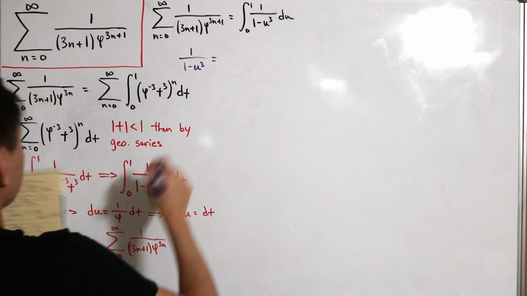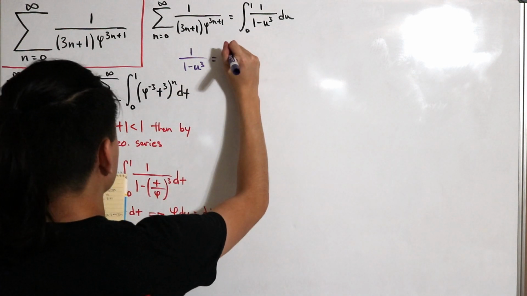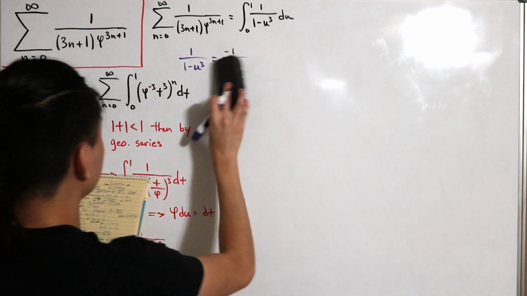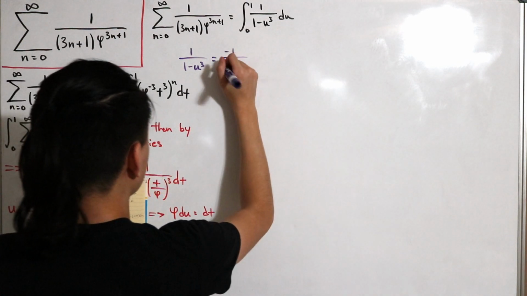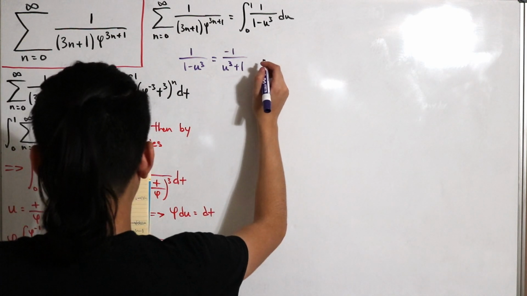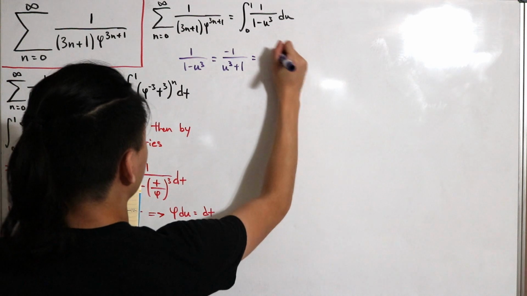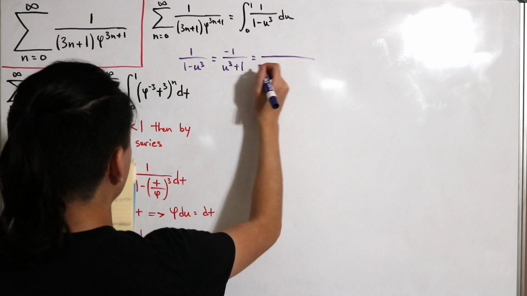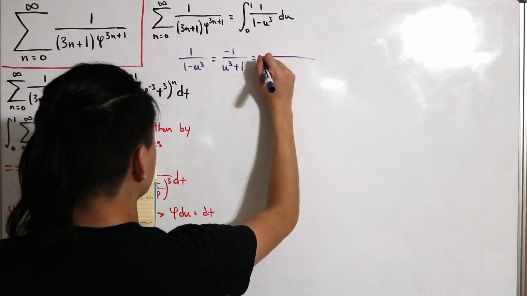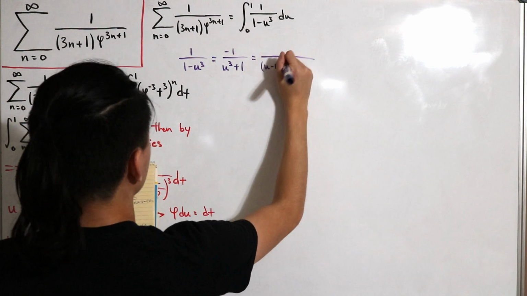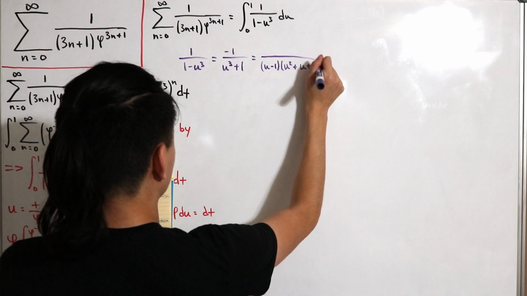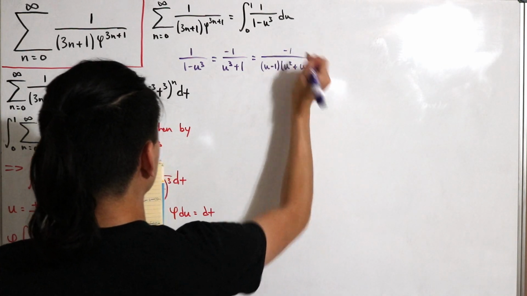What you'll notice is that if I fix this up a little bit, this can be rewritten as negative 1 divided by u cubed minus 1. Let me first write the denominator: the expansion of u cubed minus 1 is u minus 1, multiplied with u squared plus u plus 1, and negative 1 on the numerator.